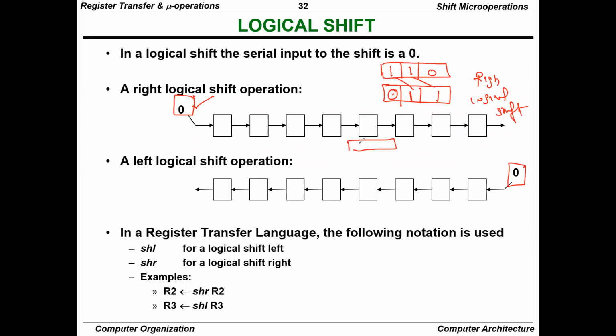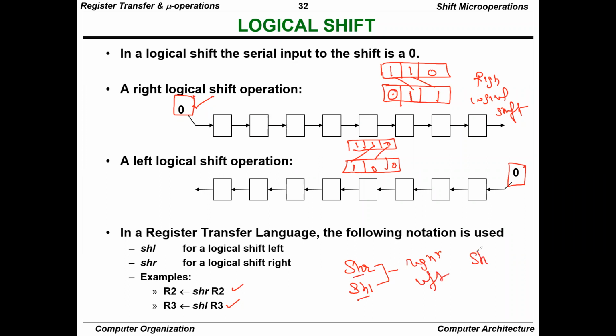Let's take a similar value, that is 1, 1 and 0, and shift it to the left. This 0 will come here, this 1 will come here, and 0 will be inserted here. So how do we denote this in the RTL language? This is it. Note SHR and SHL. R and L stand for right and left, and SH stands for shift.